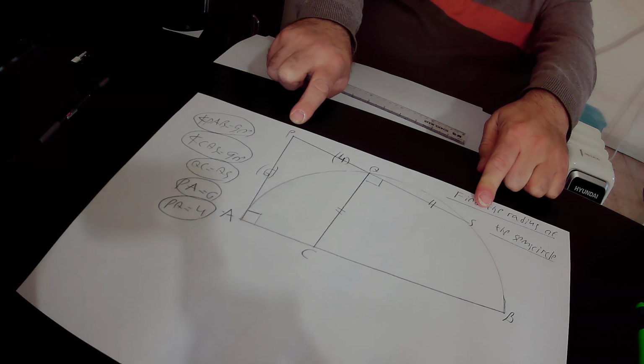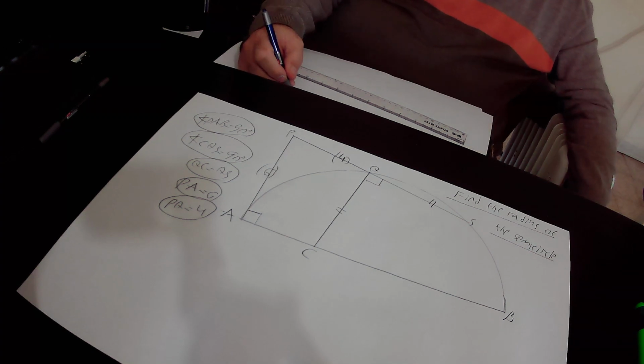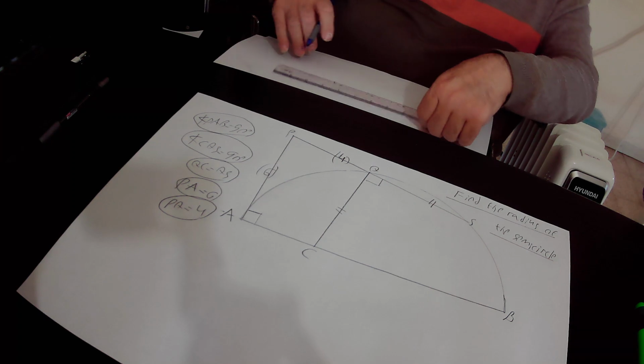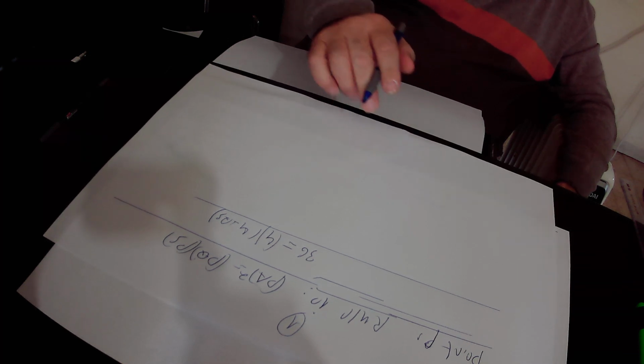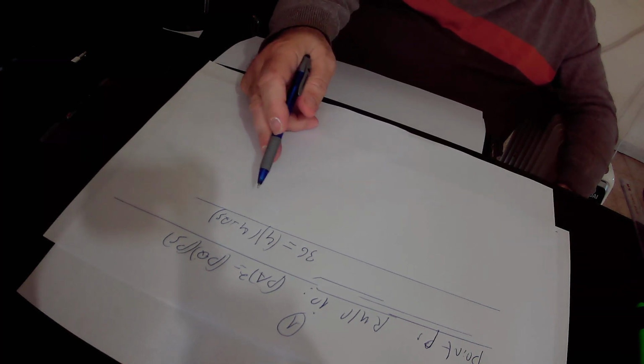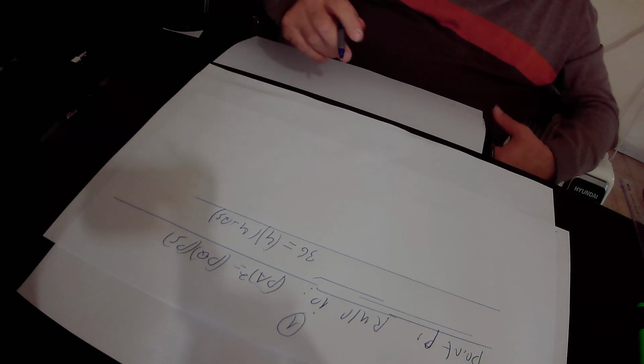That is to say PS equals 4 plus QS. So actually, we found out that according to rule number 10, 36 equals 4 times (4 plus QS).